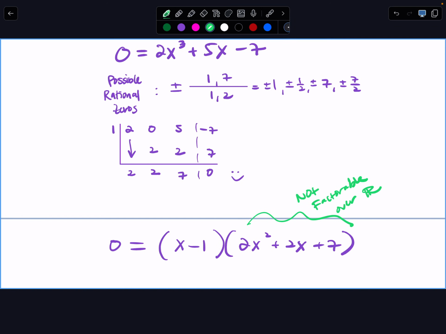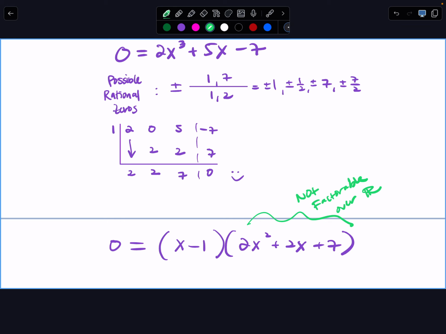Think about when you're factoring using guess and check. Aren't you thinking about the factors of the constant and the leading coefficient? In order to get 2x cubed, and in order to get the minus 7, you have to think about the factors of 2 and 7.